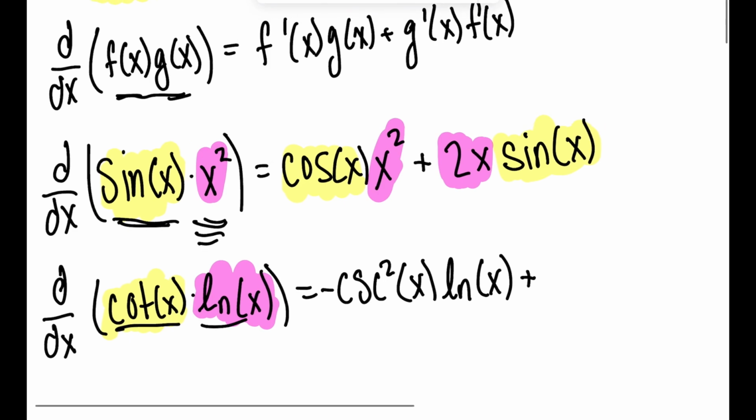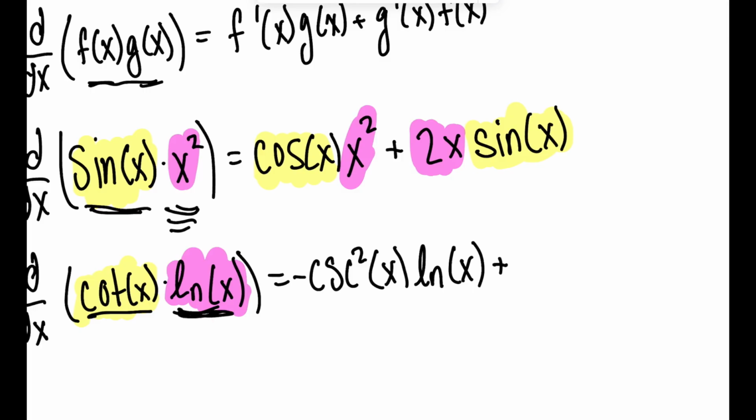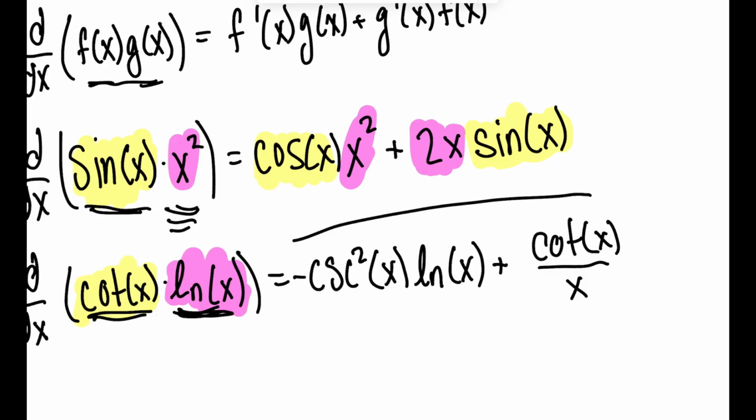And then we're going to get plus the derivative of the second function, which we know the natural log's derivative is 1 over x, times the original first, which is cotangent x. We can go ahead and simplify this real quick, saying that this is cotangent of x over x.